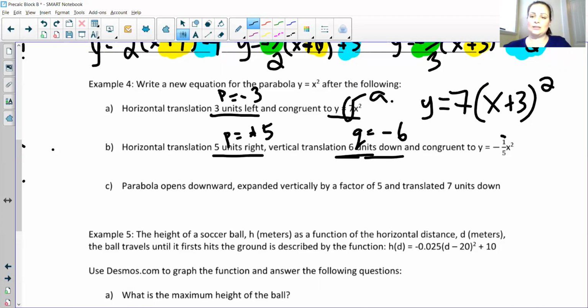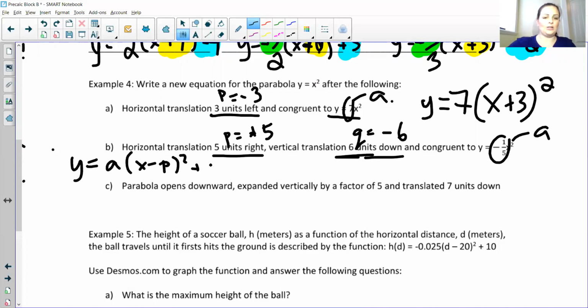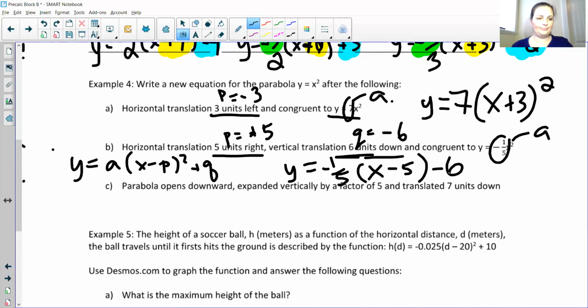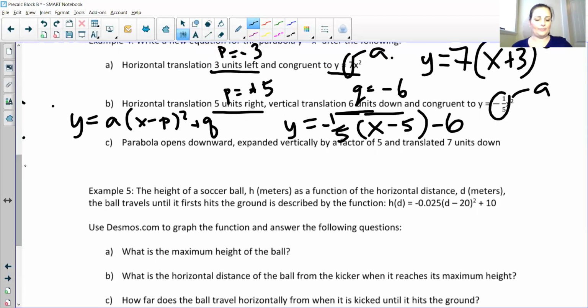And it's congruent to this, which gives us A. So if we're looking at y equals A x minus p squared plus q, all we have to do is pull the information out of what's been given to us and stick those numbers in the correct spot. So the equation for this line is y equals negative 1/5 times x minus 5 squared minus 6. Try the next one.